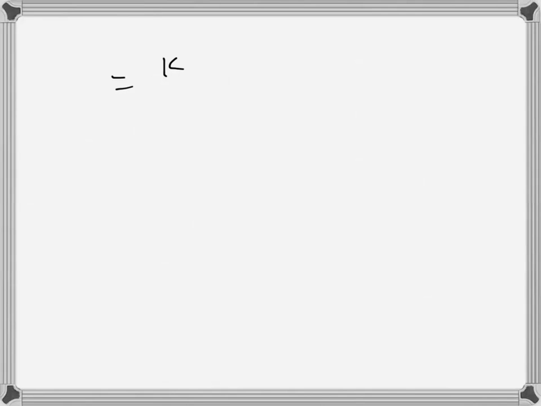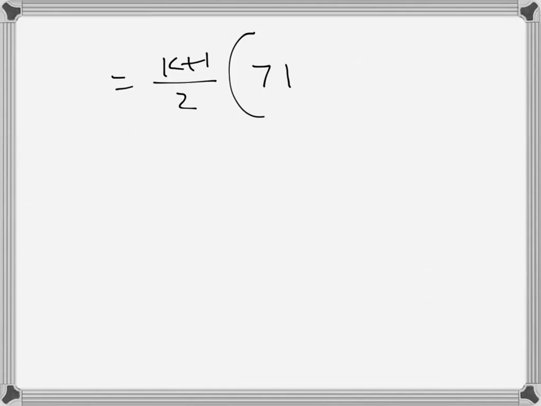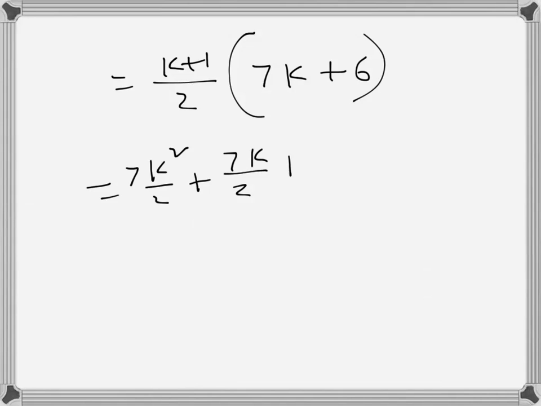So k plus 1 over 2 times 7k plus 6. It can be written as 7k square over 2 plus 7k over 2, and plus 6k plus 6 over 2. You can write like that.